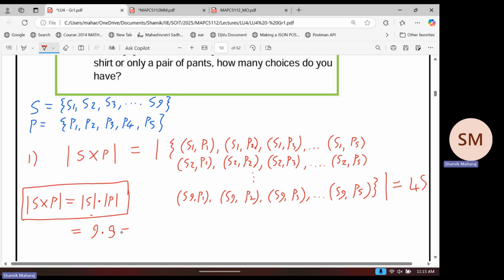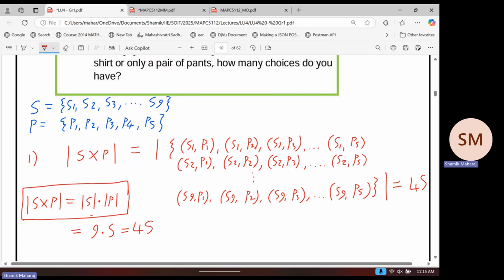Plug those in and you get the same answer. 9 times 5 is 45. You just use this formula unless they ask you to prove it.